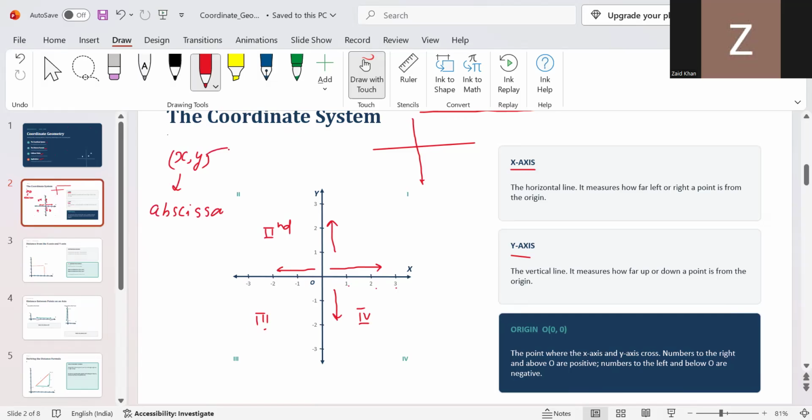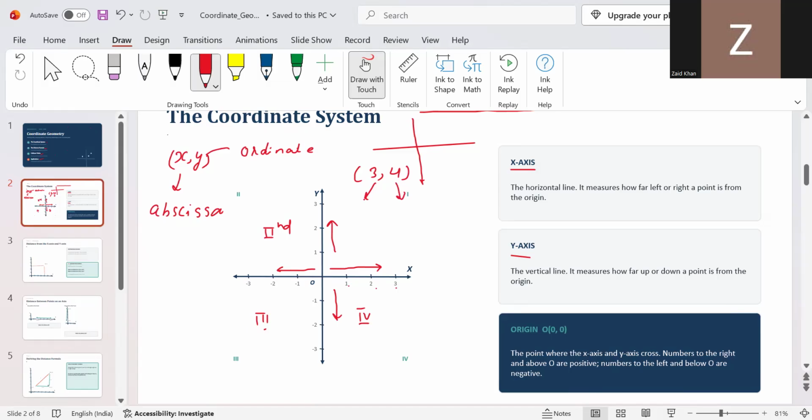And this y is called the y coordinate, or ordinate. So can you tell me, for 3 comma 4, what is the abscissa and what is the ordinate? The abscissa is 3 and the ordinate is 4.